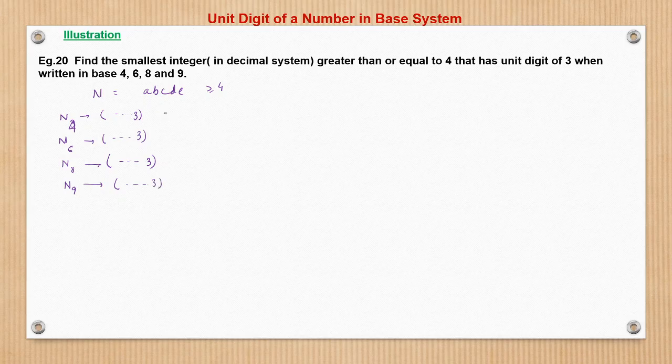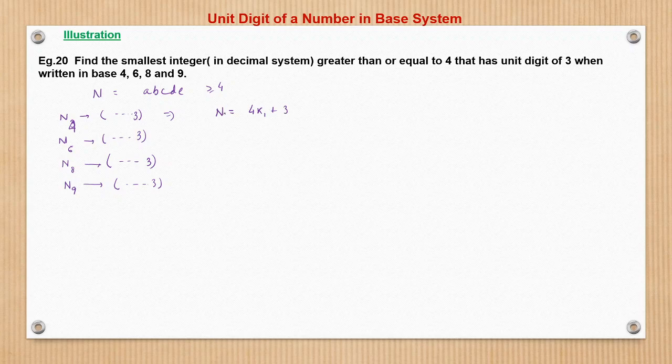So can we say that if n converted to base 4 gives unit digit 3, then n in base 10, when divided by 4 the base, would have given 3 as a remainder? Then only 3 is coming here.